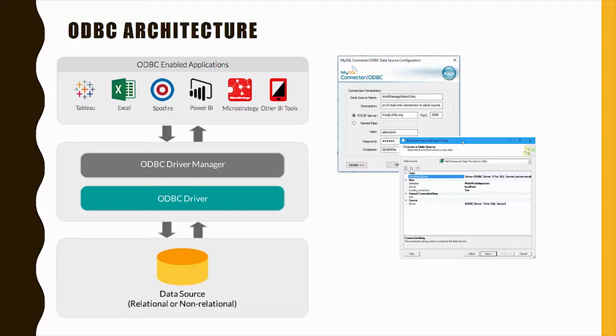The ODBC-enabled application performs processing by passing SQL statements to and receiving results from the ODBC Driver Manager. The ODBC Driver Manager loads and unloads ODBC drivers on behalf of an application. The ODBC driver processes ODBC function calls, submits SQL requests to a specific data source, and returns results to the application.